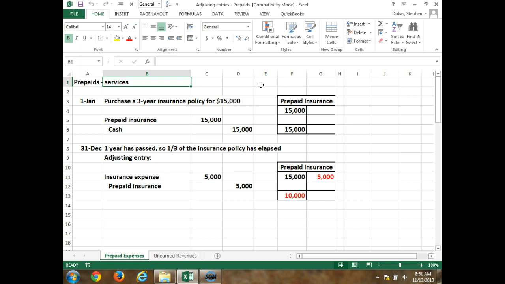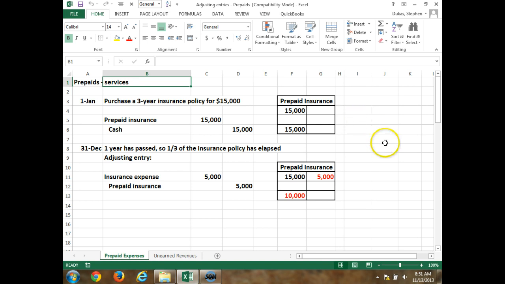In other words, we haven't actually received any coverage. Because of this, we can't debit an expense. We have to create an asset account which signifies that we are going to get a benefit over a 3-year period. You notice that the prepaid insurance account here has a debit balance of $15,000 at the start of the year.